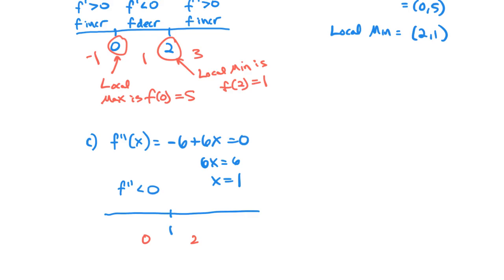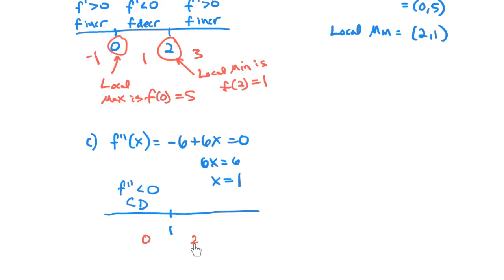So since the second derivative is less than 0, it's negative. When you're feeling negative, you have a frown, right? So this is concave down, or concave downward. So the curve is concave downward there.